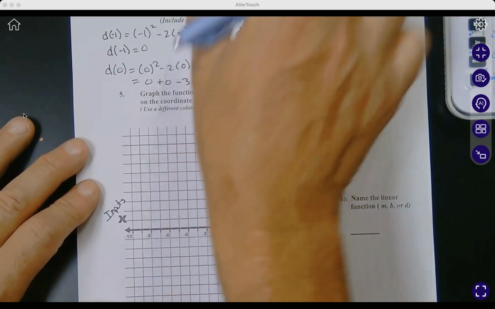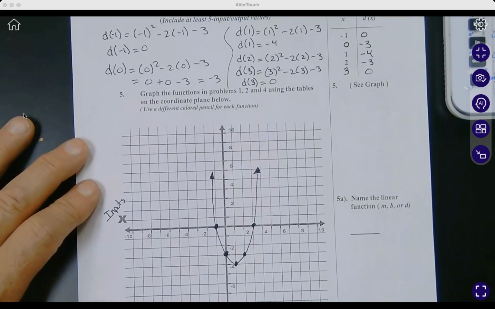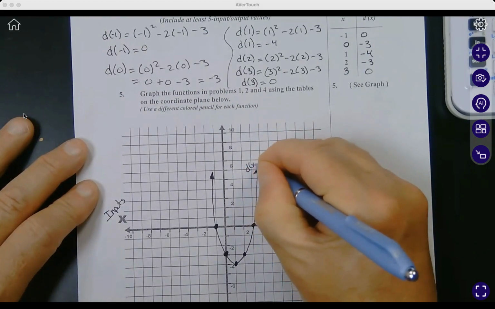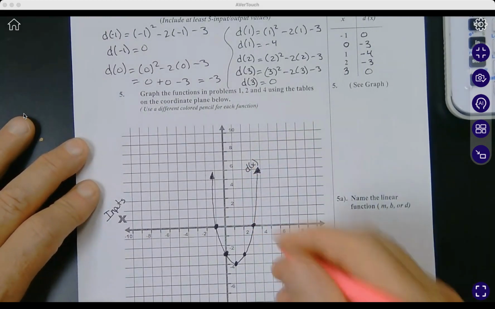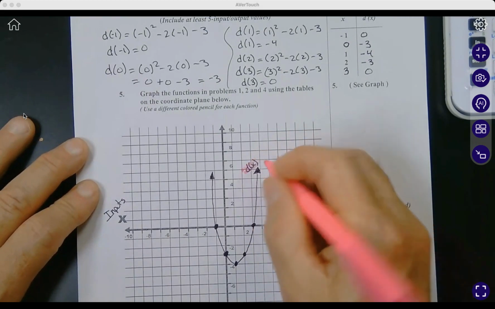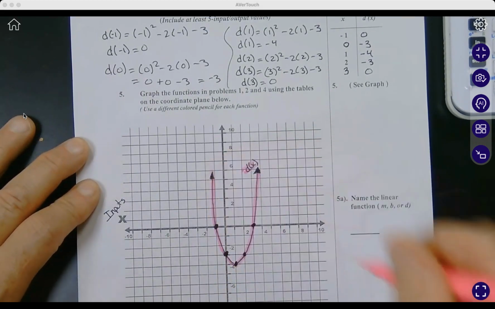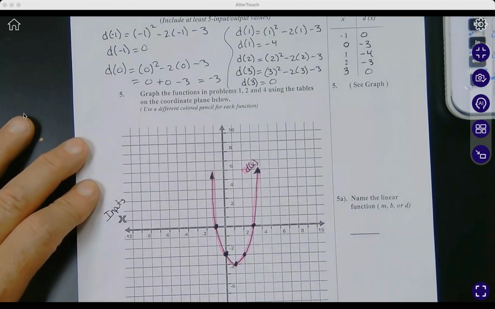There's no restrictions on how high it can go up. Okay, that is d of x. Okay, and I'm going to go ahead and highlight d of x. Boom, in pink.